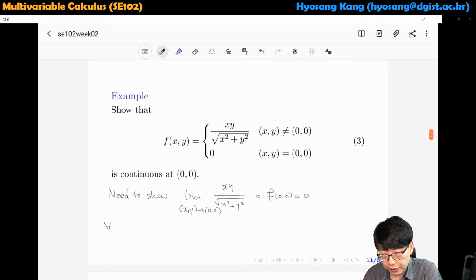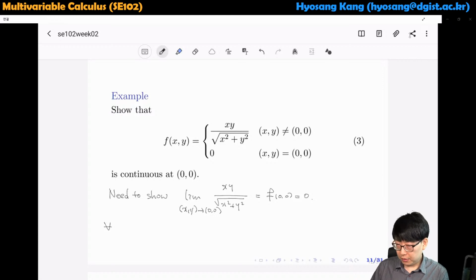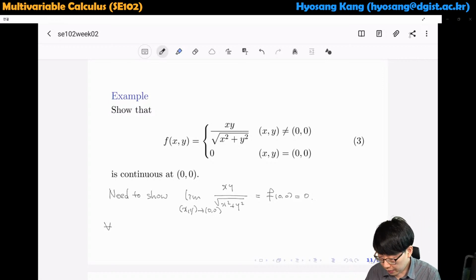Here is the rigorous proof. I don't expect you to understand fully how to prove this kind of limit, but at least you have to see once in your lifetime how this epsilon-delta proof works. Let's say I take an arbitrary epsilon, which is positive. We assume it to be a very small positive number, but it doesn't have to be actually small, because small is an ambiguous word. So epsilon is an arbitrary number.